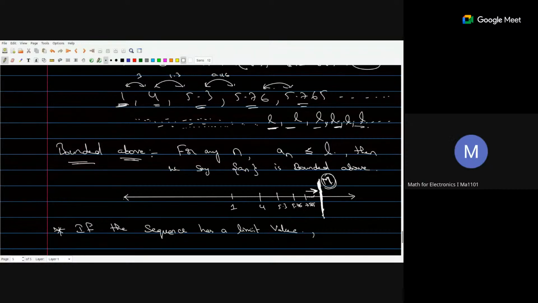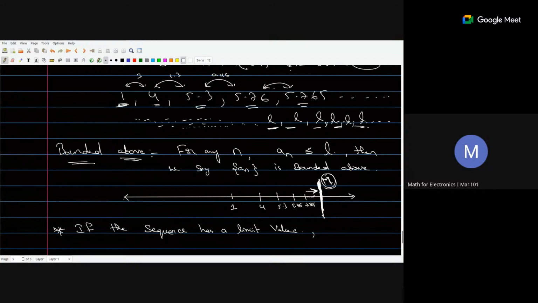When I look at the sequence, if my sequence is increasing, you have to observe the way in which it is increasing. It is an increasing sequence, but slowly the increase happening between the terms is coming to 0. If it is slowly coming to 0, at some point it will be very close to 0, and I treat it as 0.